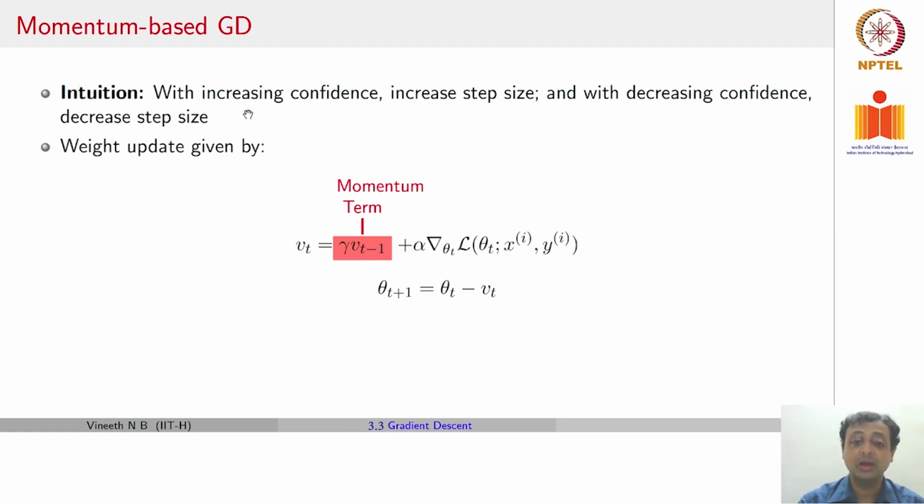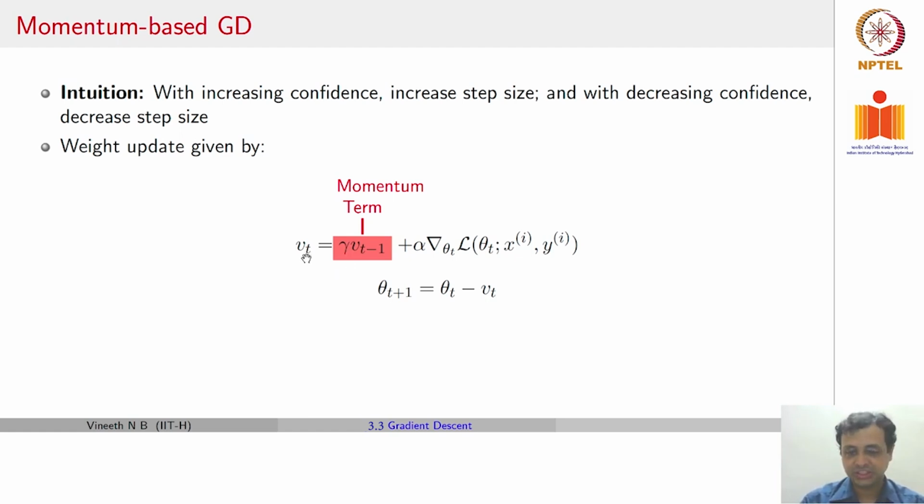So mathematically speaking, how do you implement it? You define something known as a velocity vector, Vt. Velocity is simply change of distance over time. So it's simply your update in parameters over one iteration. It's simply a name in this particular context.